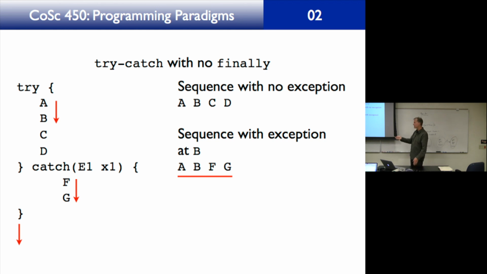It's like a little function gets called, and X is the exception object that we can use to handle whatever we want to do at F and G. So in this particular case, the sequence would be A, B, the exception happens, and then F, G, and then we go on. That's with no finally.